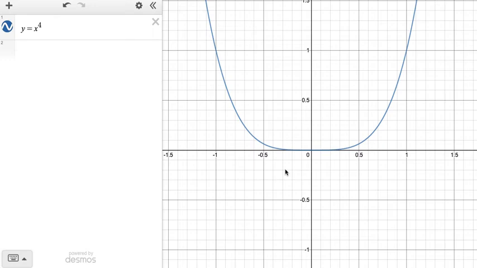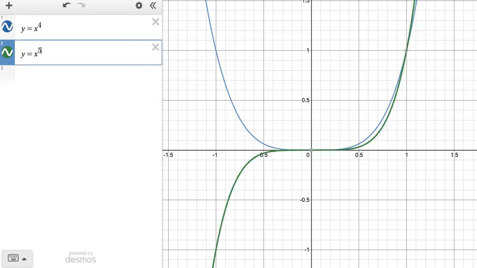It's a little bit flatter. Okay, and x to the 5th looks the same kind of idea again. Right? Flatter, but again, it's odd, so you've got negatives going along with it.